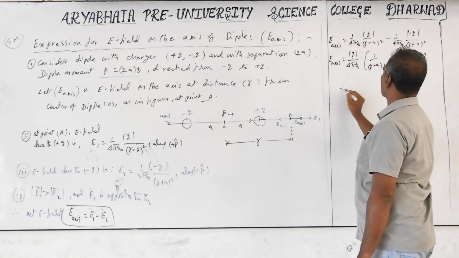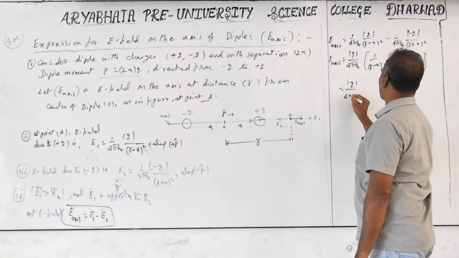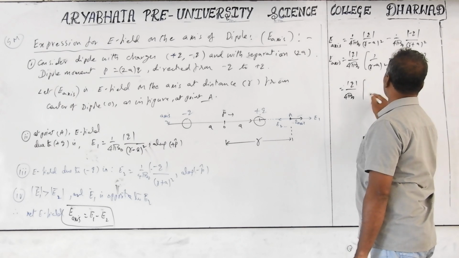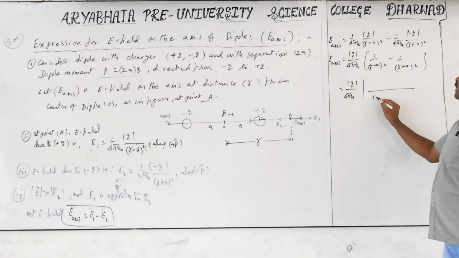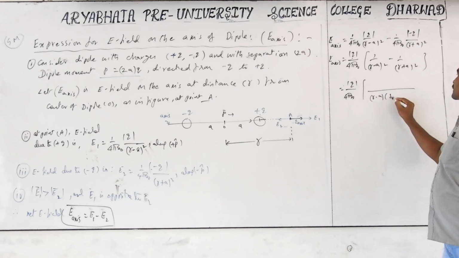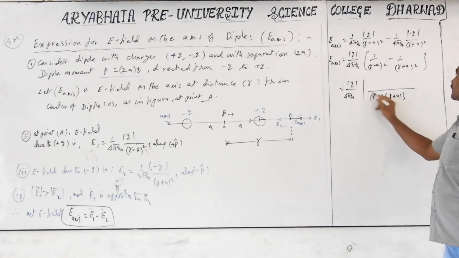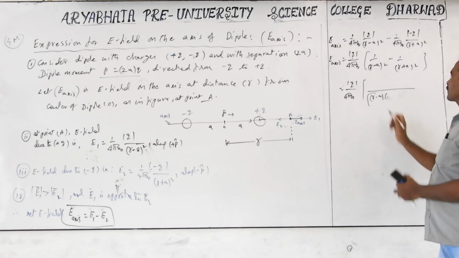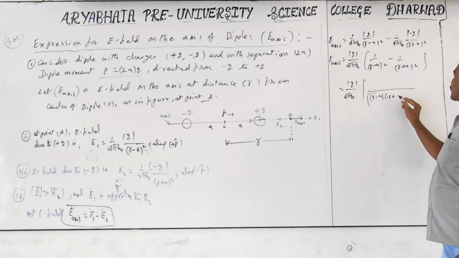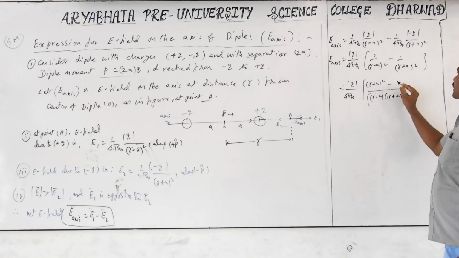And then further we can write this as q by 4 pi epsilon naught into, taking the LCM, the multiplication r minus a into r plus a whole square. Here comes r plus a whole square minus r minus a whole square in the numerator.